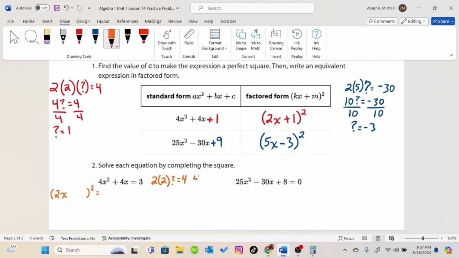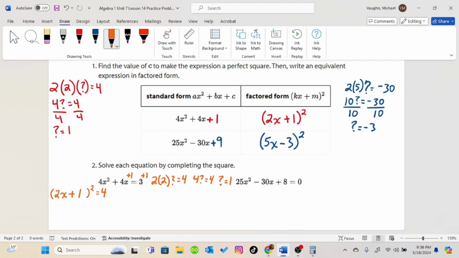So that means 4 times something equals 4, so that something is 1. So I know I'm going to add 1 to both sides. So I know that 1 squared is 1. So this is going to be 2x plus 1. And I know that 3 plus 1 is 4.